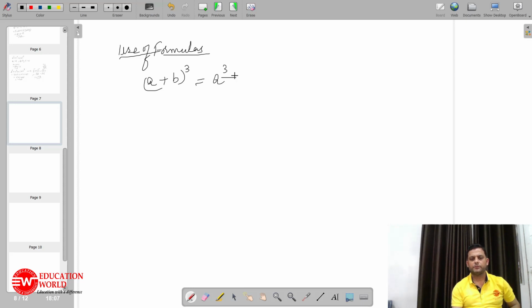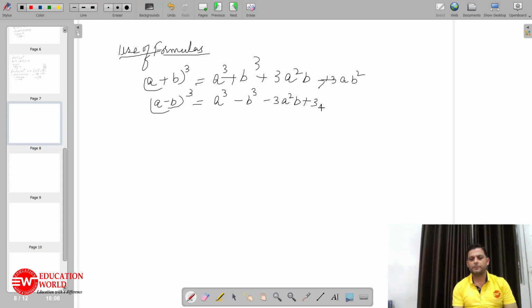A cube plus B cube plus 3A square B plus 3AB square, and A minus B whole cube is A cube minus B cube minus 3A square B plus 3AB square.